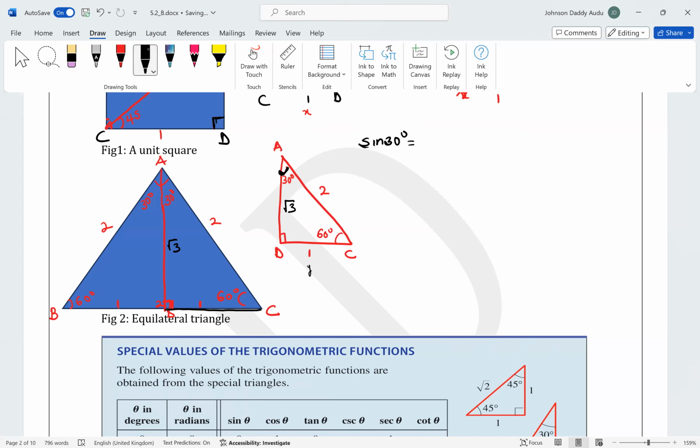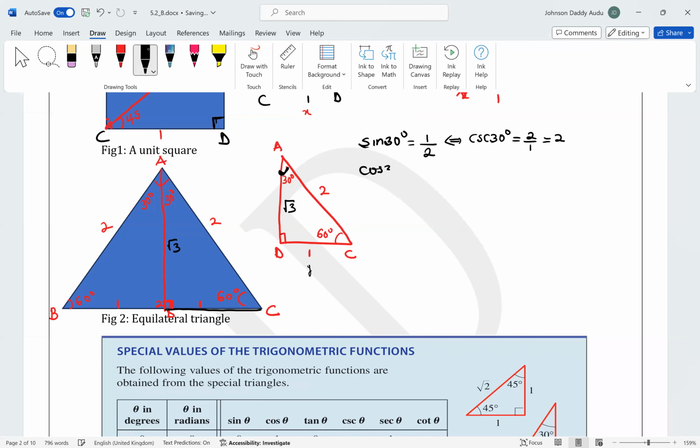So this will be 1 over, what will be our hypotenuse? Look at the right angle. The right angle is facing 2. So hypotenuse is 2, right? And this also means that you can have what? Cosec 30 degree is just 2 over 1, which is 2.